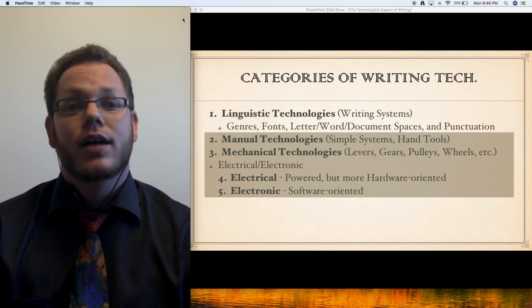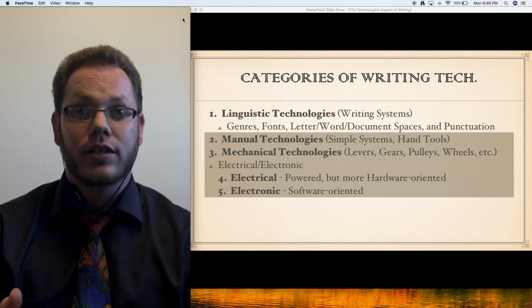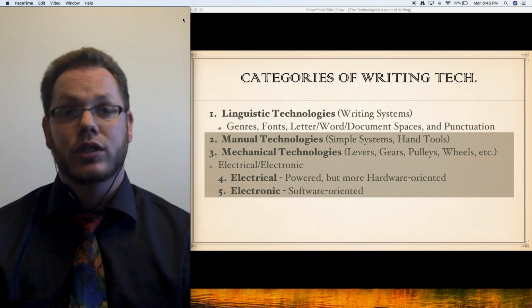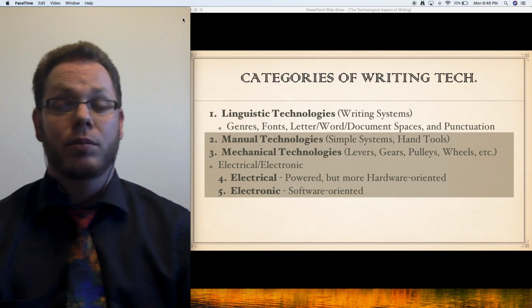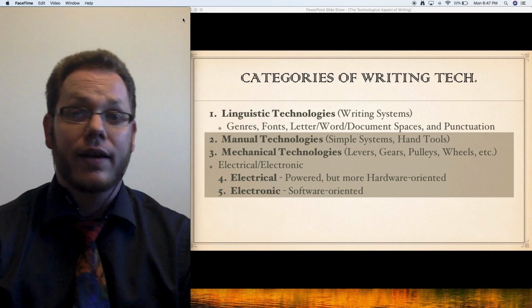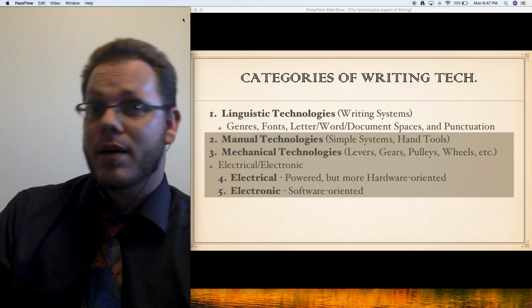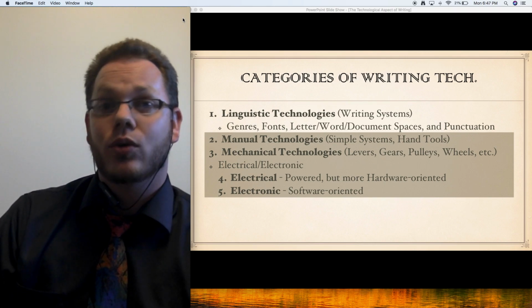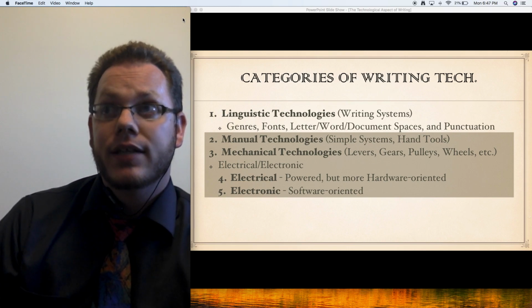Mechanical technologies would be like the 1800s, early 1900s, before we had electrical systems embedded in culture, and it was like those foot pedal machines you see sometimes in old movies. Or you might have come across one at a yard sale or a consignment shop or Goodwill or some antique store, one of those old school foot pedal based sewing machines.